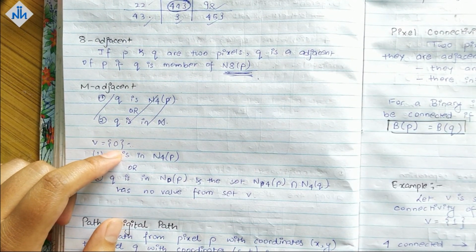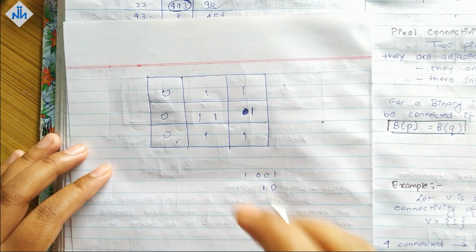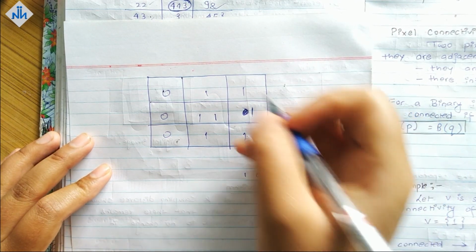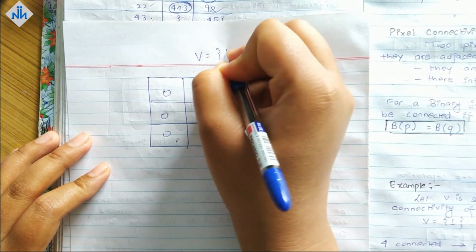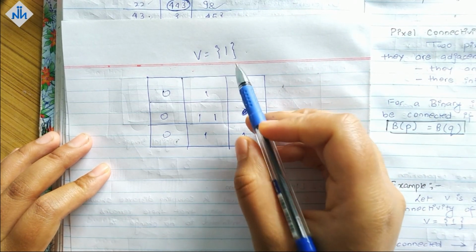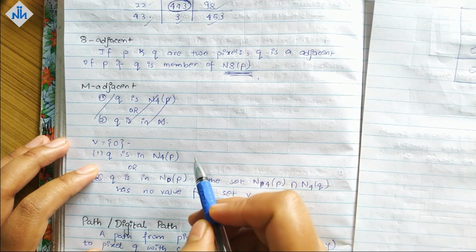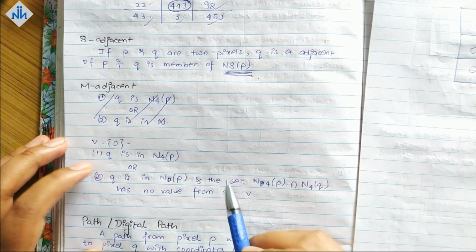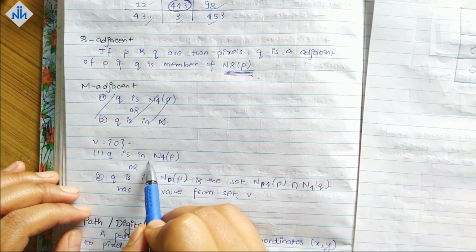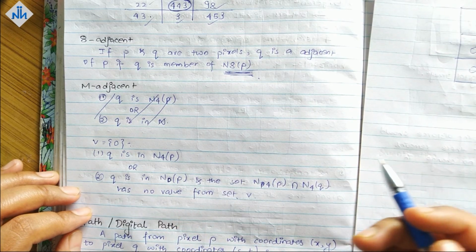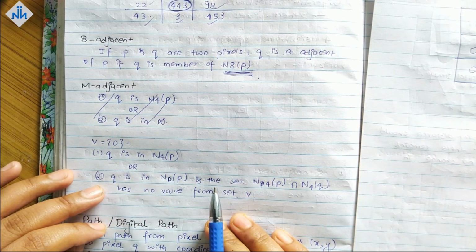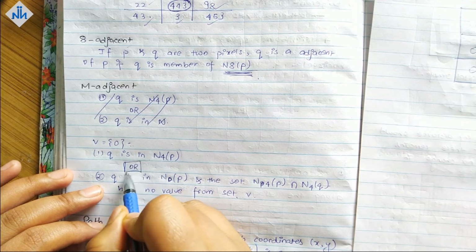Suppose this is our example, and in this example our V is equal to 1. That means only those having 1 will be considered. And there are two cases. First, if Q is in N4(P), then it is directly known as M adjacent. You do not have to check the other case. We have OR over here.